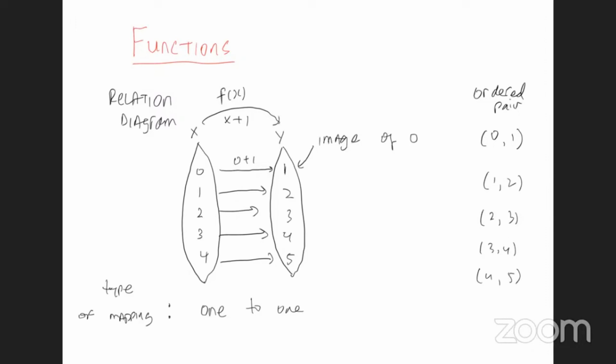All right. A few definitions that we need to learn about. Let's start with domain. Anybody remember what the domain is? Set of x values. So in this case, our domain is 0, 1, 2, 3, 4. Definition: the domain consists of all the x values, right?